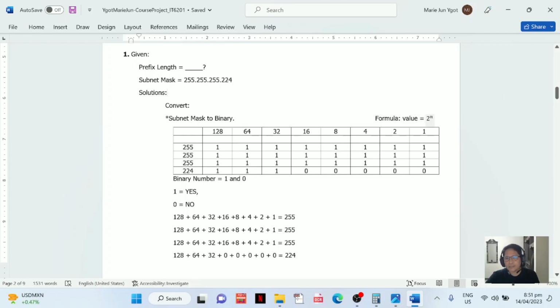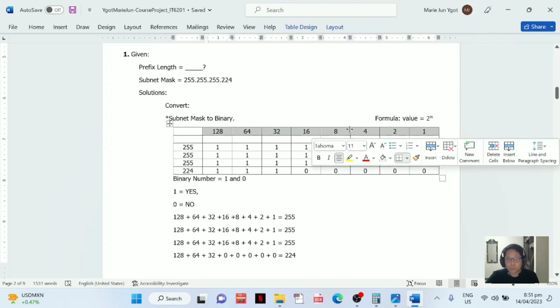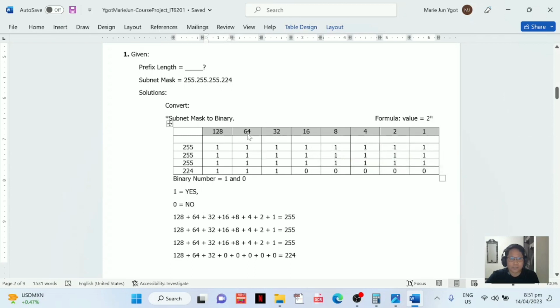This means that we have to raise 2 from 0 to 7, since we have 8 bits here. So 1, 2, 3, 4, 5, 6, 7, and 8.